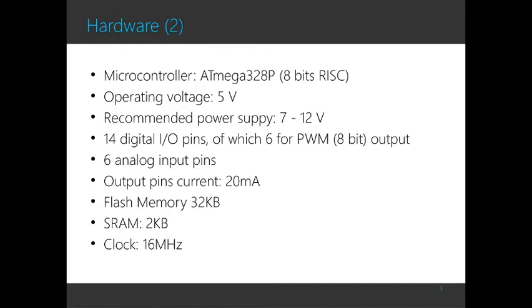And it has a static RAM of 2 kilobytes with operating clock of 16 megahertz, which is ridiculous in terms of what normal CPUs use, but it's been very tailored for this microcontroller, so it's perfect because it works very well.